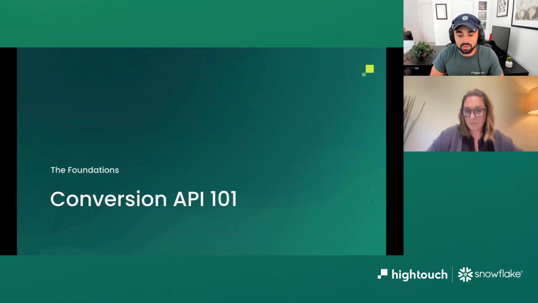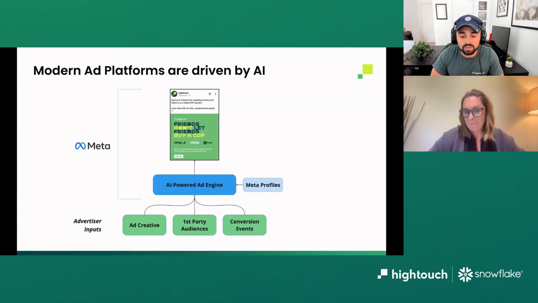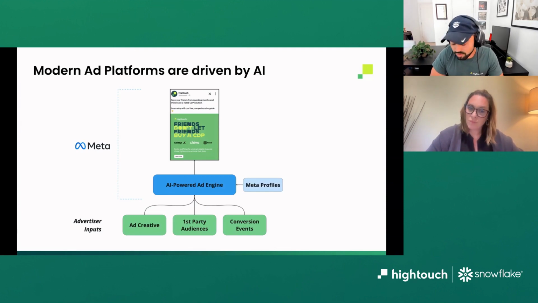All right. So let's hop over now to a little bit of a foundational understanding of conversion APIs. And I think before we do that, we really have to talk about why data is important to these ad platforms like Facebook. As many of you have heard, the word AI is being pushed around everywhere on the internet, and this is an essential piece of ad platforms today. It's doing anything from attribution down to measurement and reporting, ad optimization.